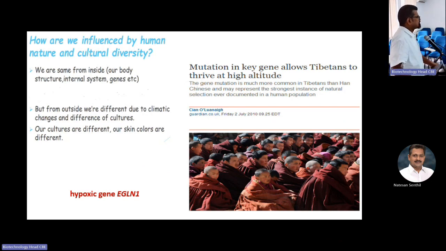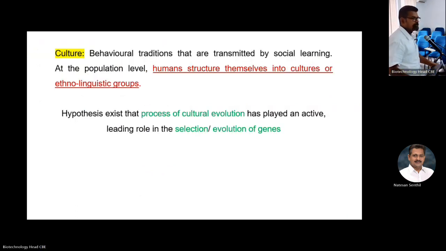Because of the lifestyle, because of the environmental changes, because of the adaptability, they have adapted to that environment. So from outside, we are different due to the climate changes and differences in their culture. We define culture as behavioral traditions that are transmitted by social learning.